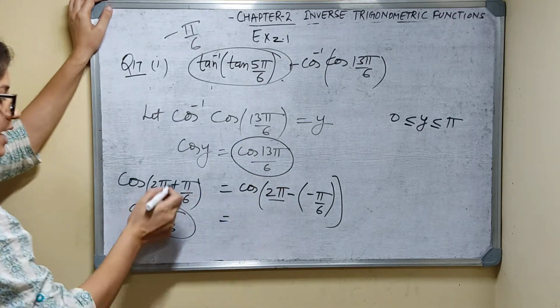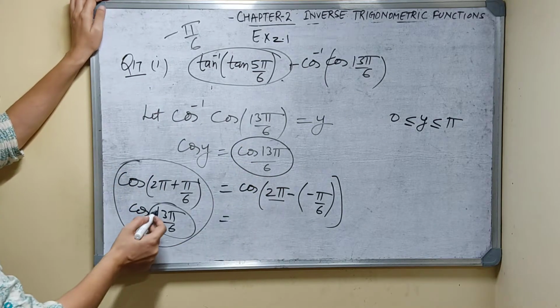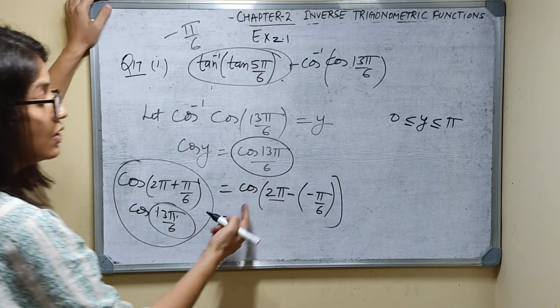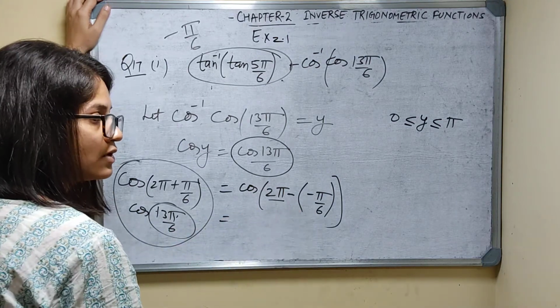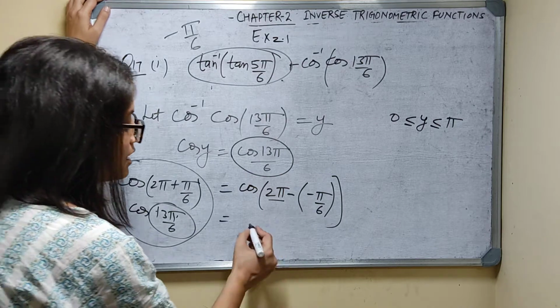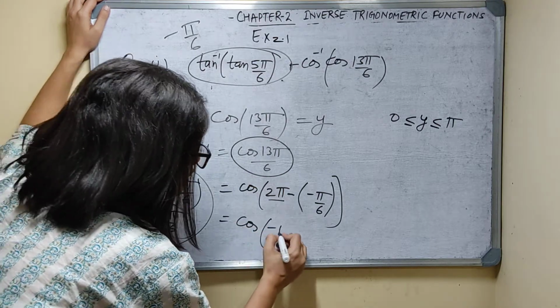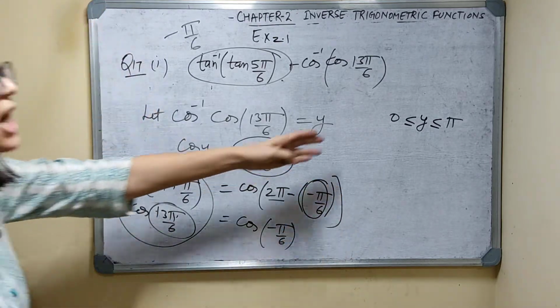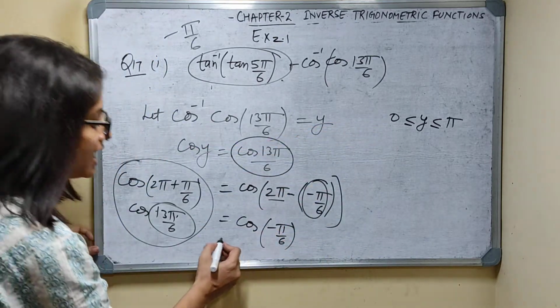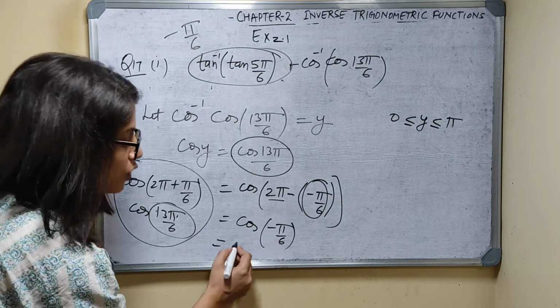But you can't write cos 2 pi plus pi by 6, again you will get 13 pi by 6, a very large value. Cos 2 pi minus theta means cos theta. So cos of minus pi by 6. I am writing negative values because I want a lesser value. And I know cos of minus theta is cos theta only.